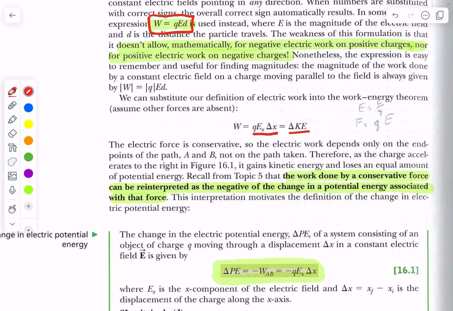So we can convert the potential energy stored in the charged particle as a result of the work we've done on it, moving it against the electrical field, and now that charged particle is going to move on its own spontaneously, and it's going to pick up velocity and have a certain change in kinetic energy as it moves with the electrical field.